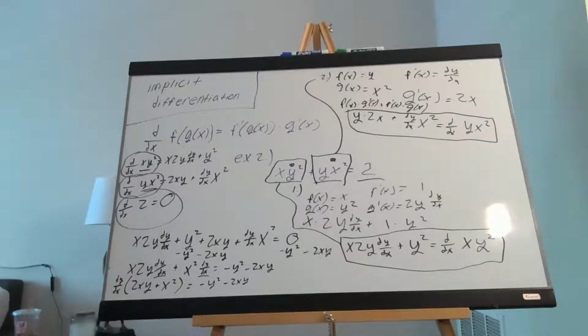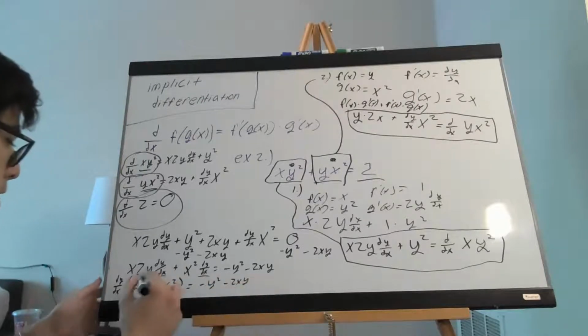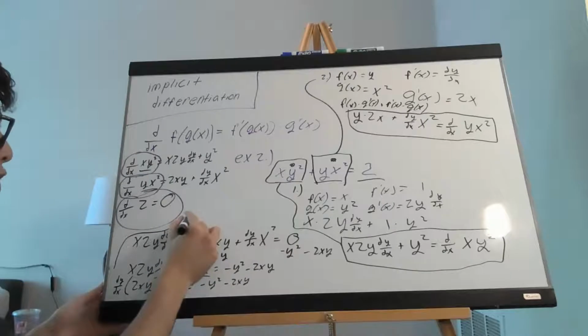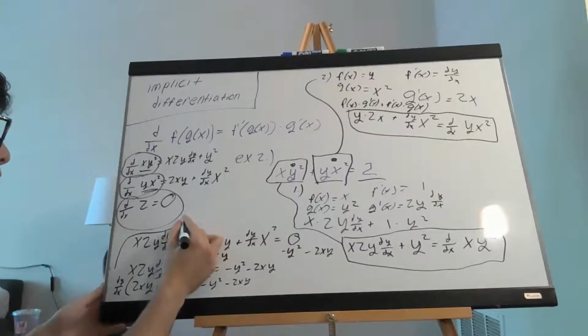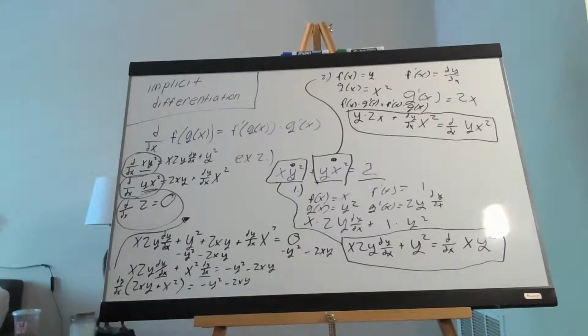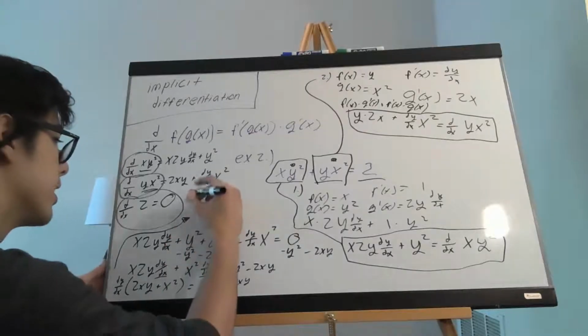So now the final step for this, and I'm going to finish this equation up here because this is the last part of the whiteboard that's going to have room. So the final part is to divide both sides of the equation by the non-dy/dx term, which should give us the answer.